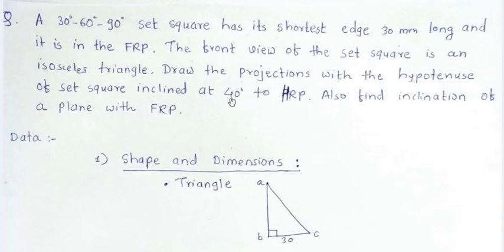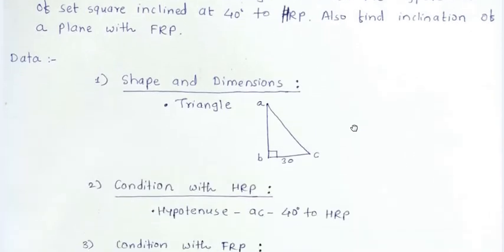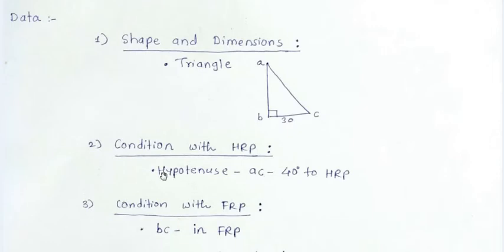And what is the condition? The hypotenuse of the set square would be this line AC. So this hypotenuse is inclined at 40 degrees to HRP. Also find the inclination of the plane with FRP. So there is only one reference to HRP, and we'll write down that reference as a condition.